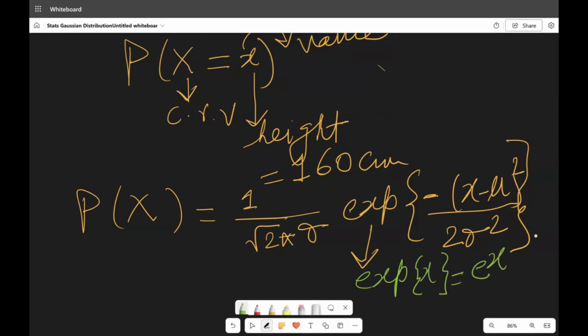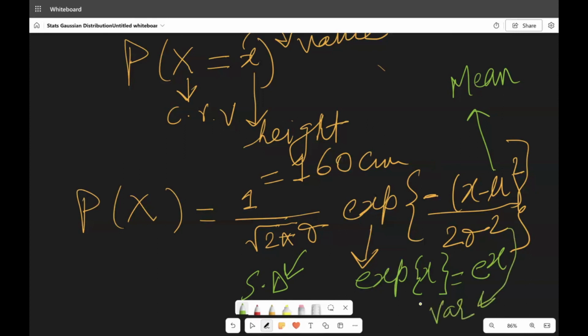This is what it means. This parameter mu is called the mean of the distribution. Also, it's called median or mode when it's applicable. While this parameter sigma is its standard deviation, and this sigma square is basically my variance.